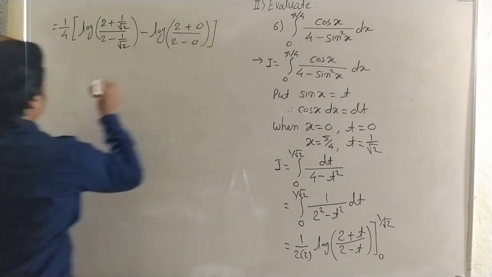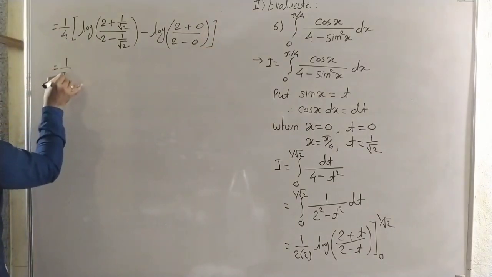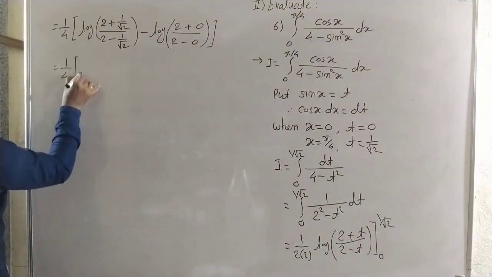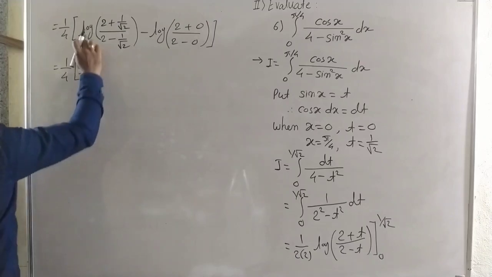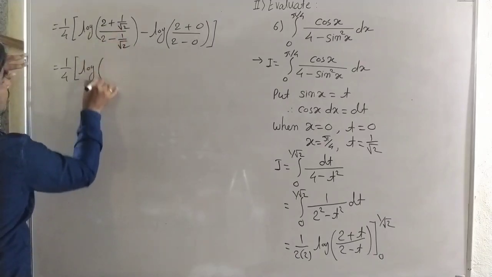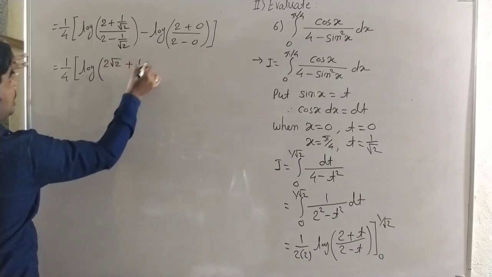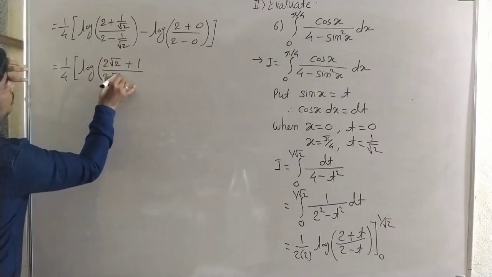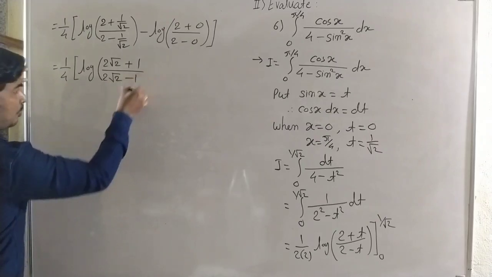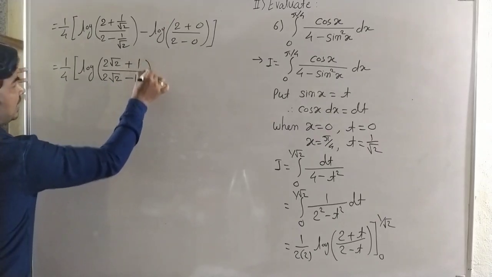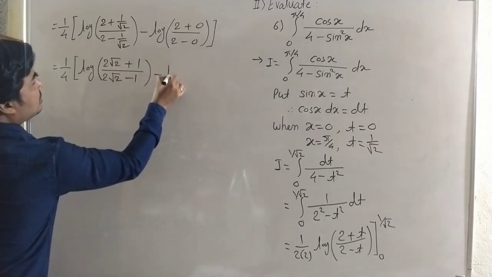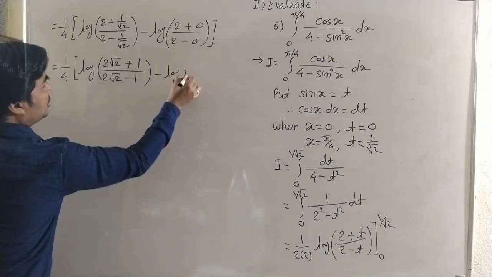Then it is 1 by 4 log of, see carefully the calculation, 2 root 2 plus 1 upon root 2, upon 2 root 2 minus 1 upon root 2. Root 2 upon root 2 get cancelled, and minus log of 2 by 2, it is 1.